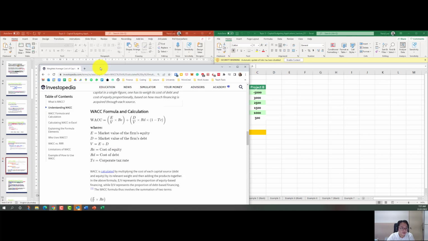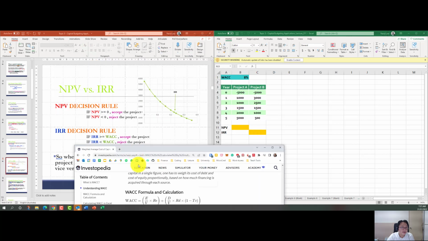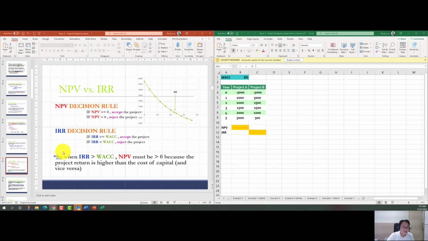So just a brief reminder, right, to those of you who may have forgotten what it is, and hopefully that rings a bell. But when the IRR is more than WACC, NPV is positive because the project return is higher than the cost of capital. So we proceed. We can see from this graph over here, the IRR is the point at which it just hits 0.